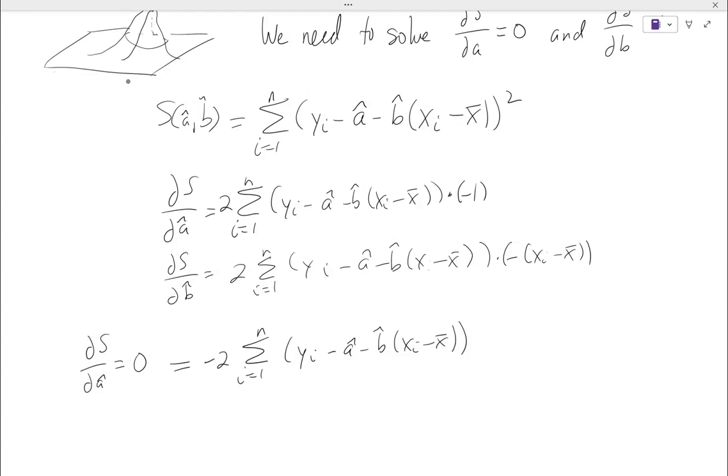Is the -2 doing anything? Can we get rid of the -2? Yeah, just divide both sides by it. I still get 0 on the left-hand side.